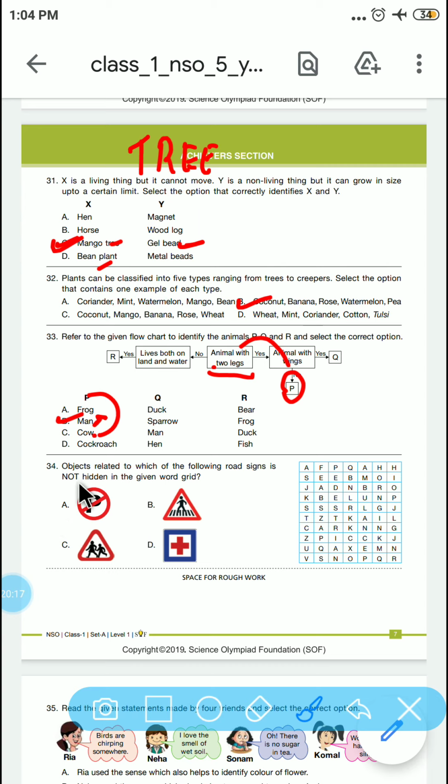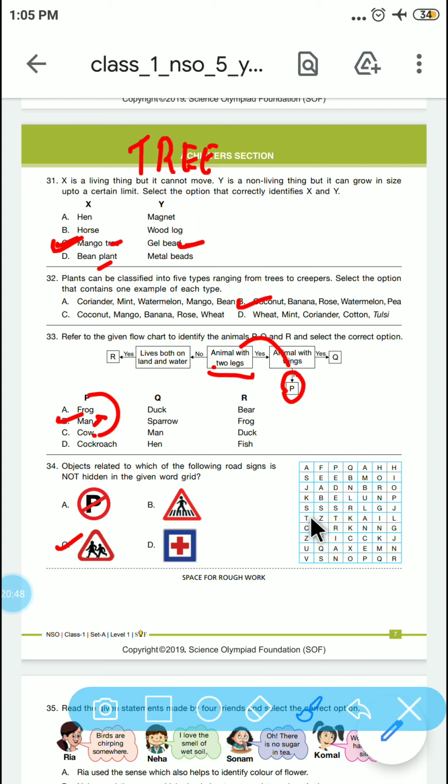Now the next question, object related to which of the following road signs is not hidden in the given word grid. So let's see which one is not hidden. Let's check it out. If we check clearly, then the school crossing sign is not hidden and not shown here.